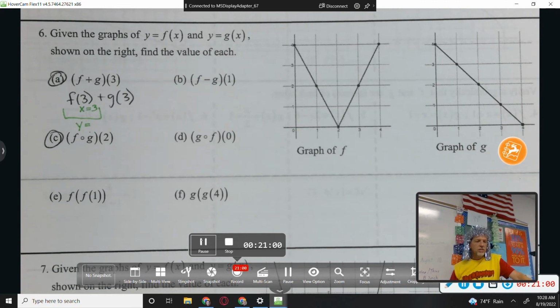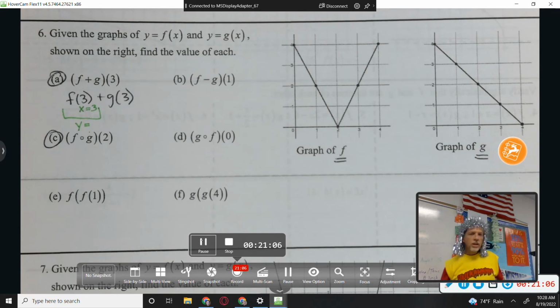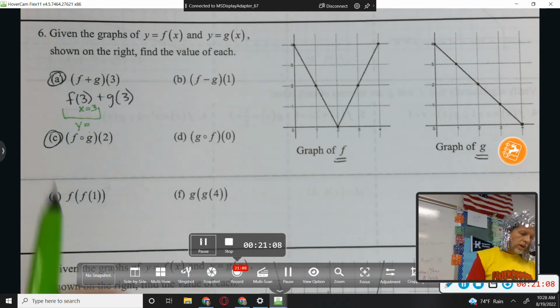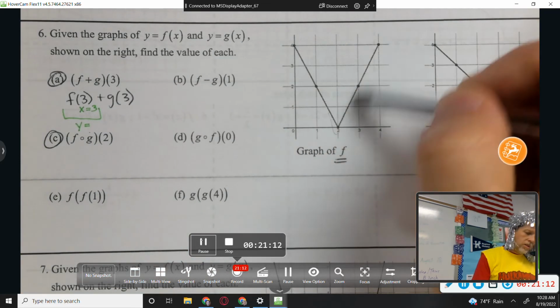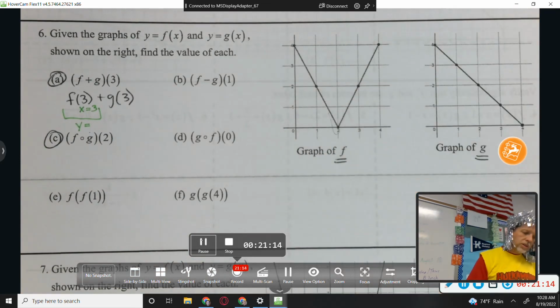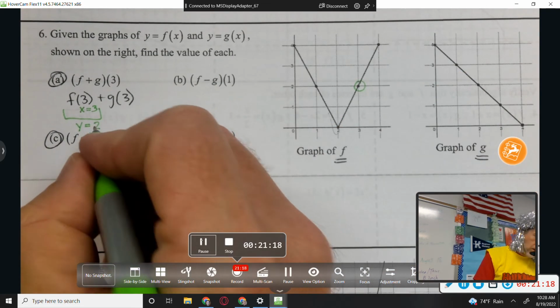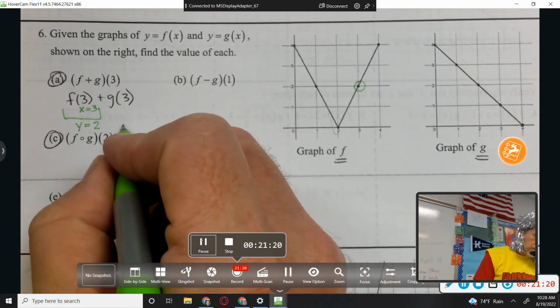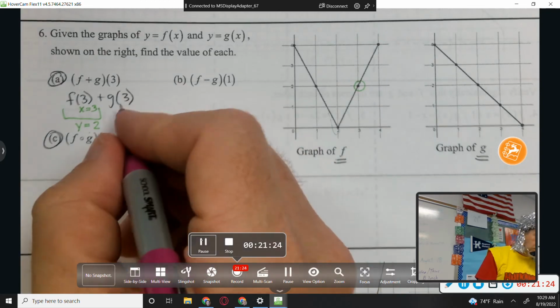So this means when x is 3, what is y on the f function? So we look at the f function. Again, with 2 graphs, make sure you're looking at the right picture. Looking at the f function, when x is 3, what's y equal to? 2. It's that point right there. So we'll have 2 plus, and then we go through the same thing.